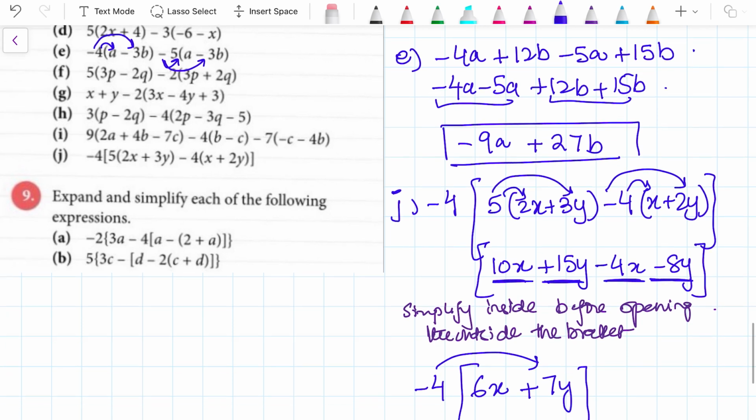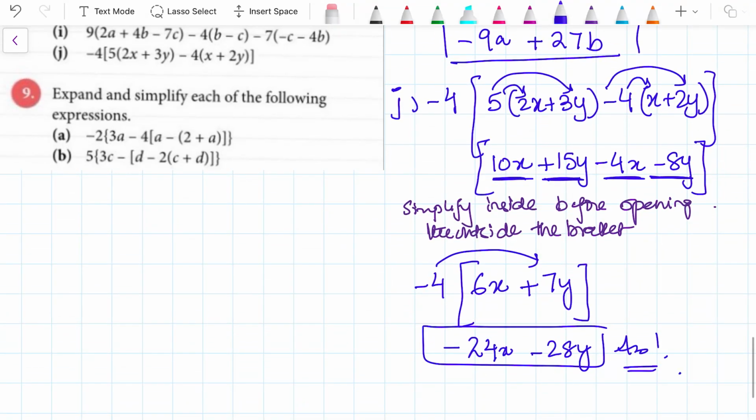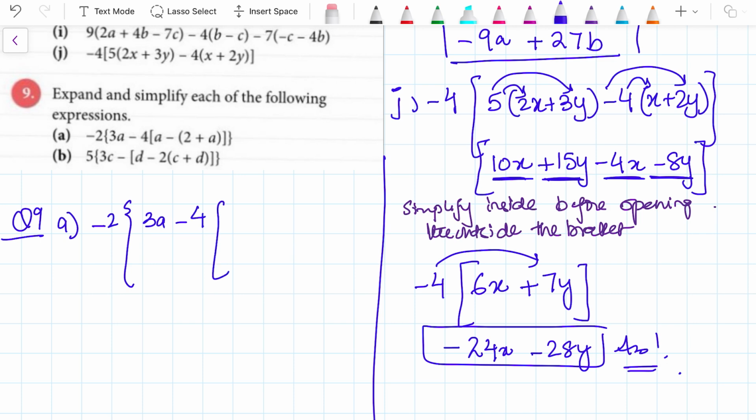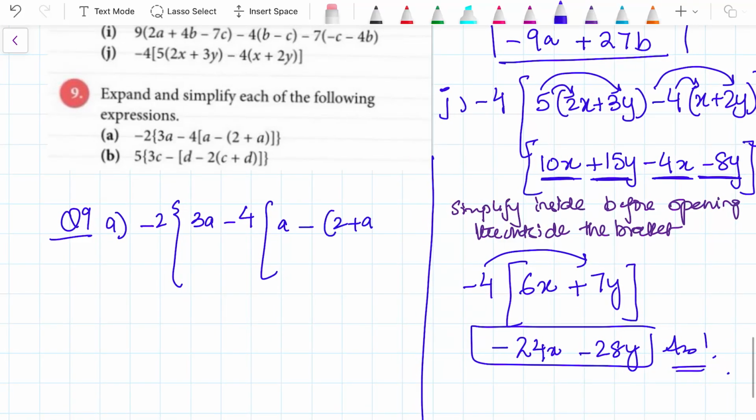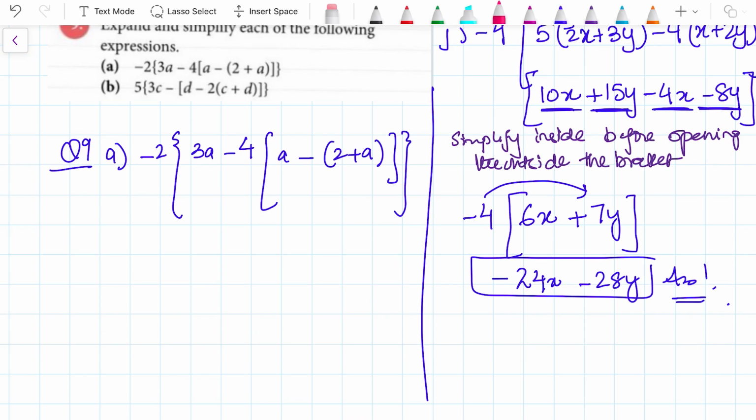Now let's move on to question number 9 with more brackets. 3a minus 4 square bracket a minus 2 plus a. Now, minus 2 minus a.